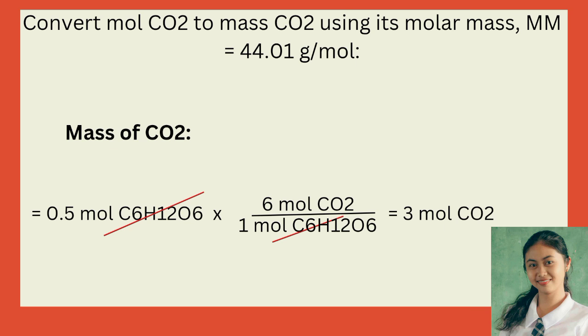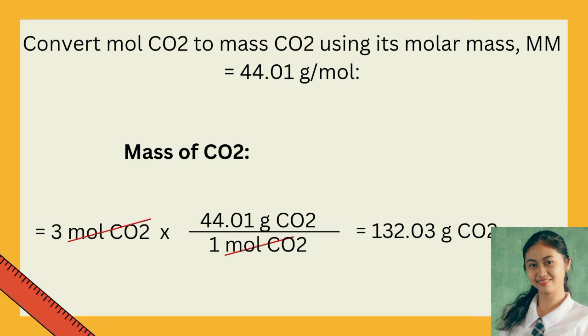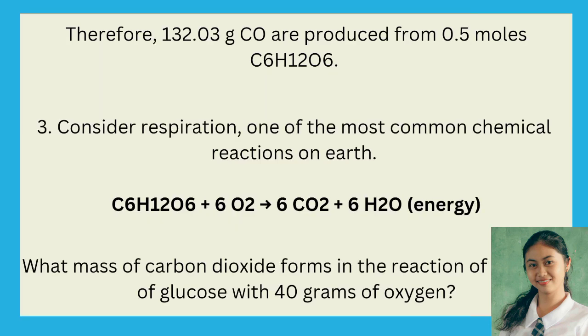Using the CO2 molar mass of 44.01 grams per mole, its mass is 3 times 44.01 equals 132.03 grams. 3 moles of CO2 at 44.01 grams per mole, so multiply 3 by the molar mass. The mass is 132.03 grams.